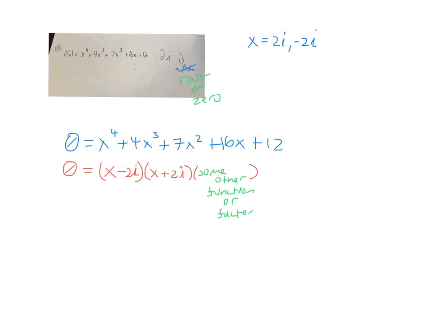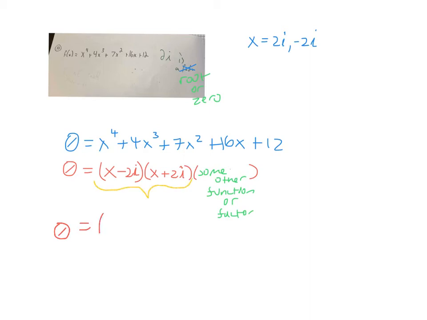Now, you might be wondering, how will we find out what's going on over here? Well, it will always be the case that when they give you an imaginary root, this conjugate pair theorem applies, and you can absolutely multiply these.